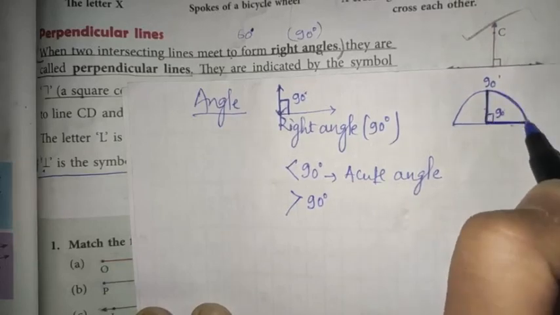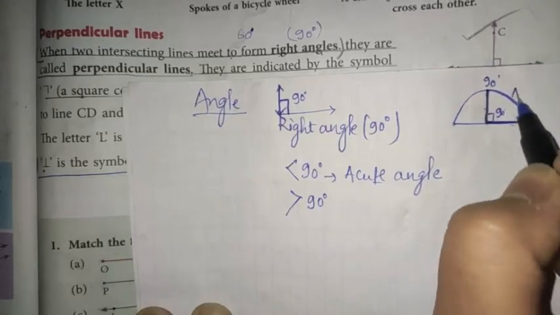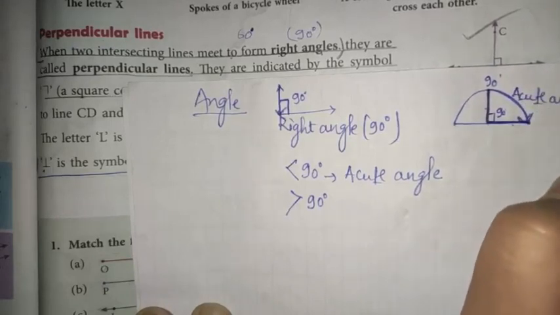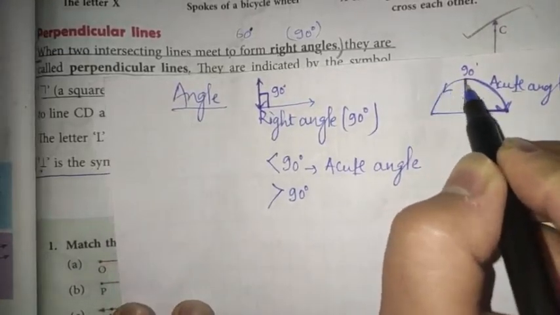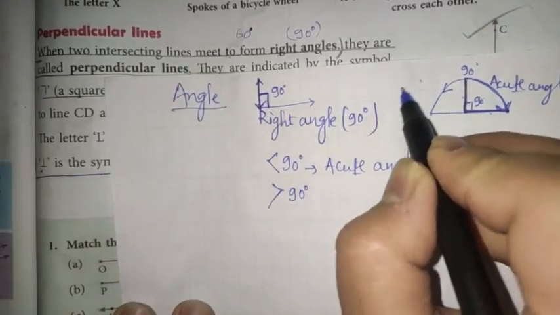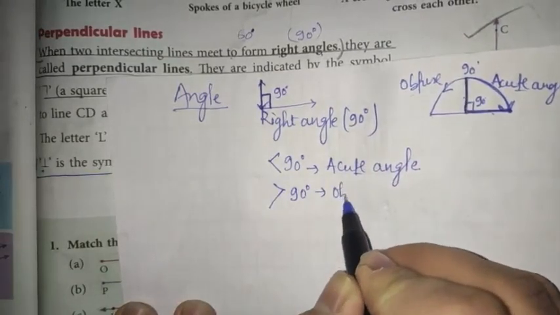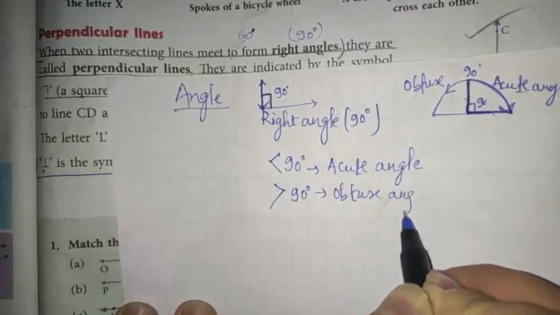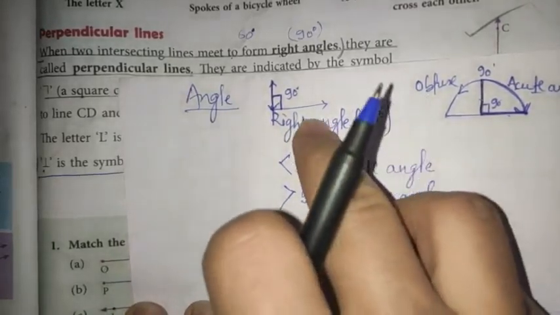And less than 90 degrees, considering the protractor, this part is an acute angle, and if it is greater than 90 degrees above, then it is considered an obtuse angle. Greater than 90 degrees means obtuse angle. But here I will not focus on these two angles, I'll just focus on the right angle.